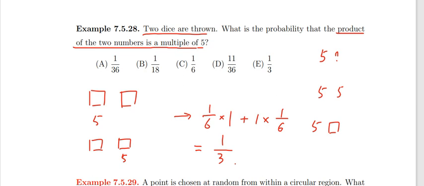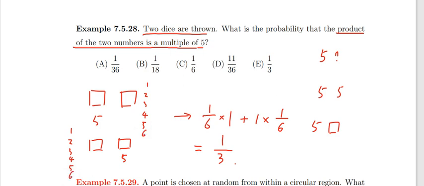here a trick is, for the first one, the second one we don't care. The second one can be 1, 2, 3, 4, 5. So in this case the second one is 5, and the first one doesn't matter: 1, 2, 3, 4, 5, or 6.